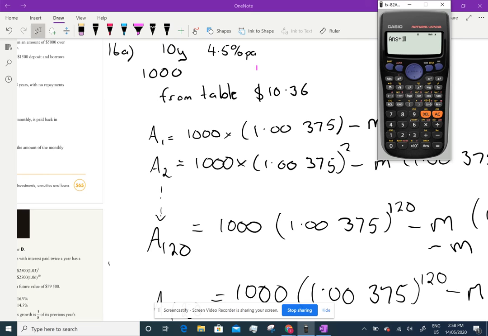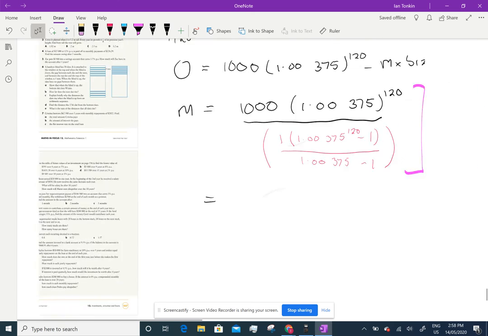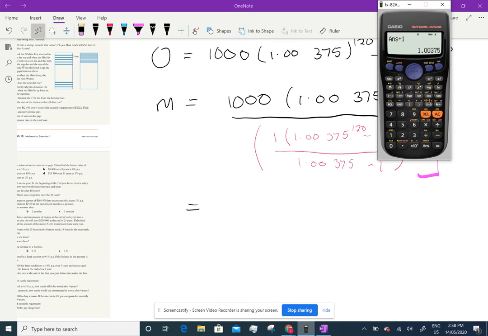Add 1 to that, and there's my new answer. So let's try this again. 1,000 times my answer to the power of 120, down the bottom, new fraction, I don't need the 1, so I go my answer to the power of 120 minus 1 all over my answer minus 1.